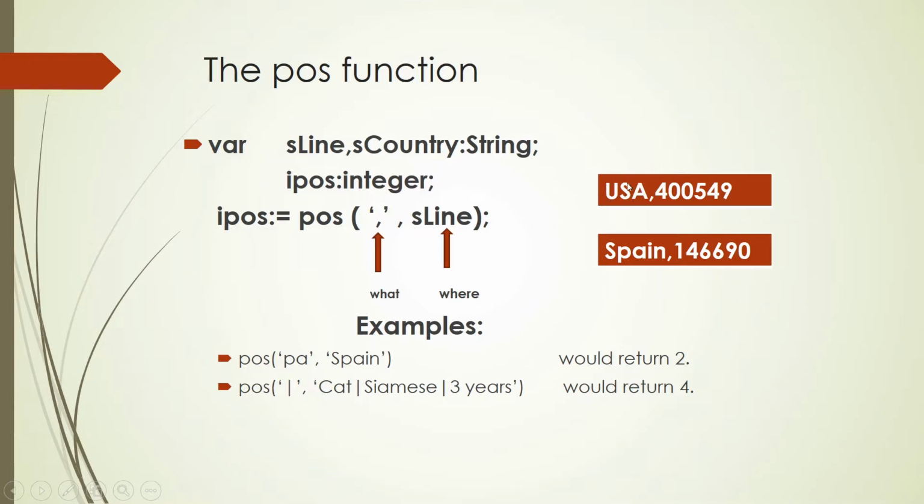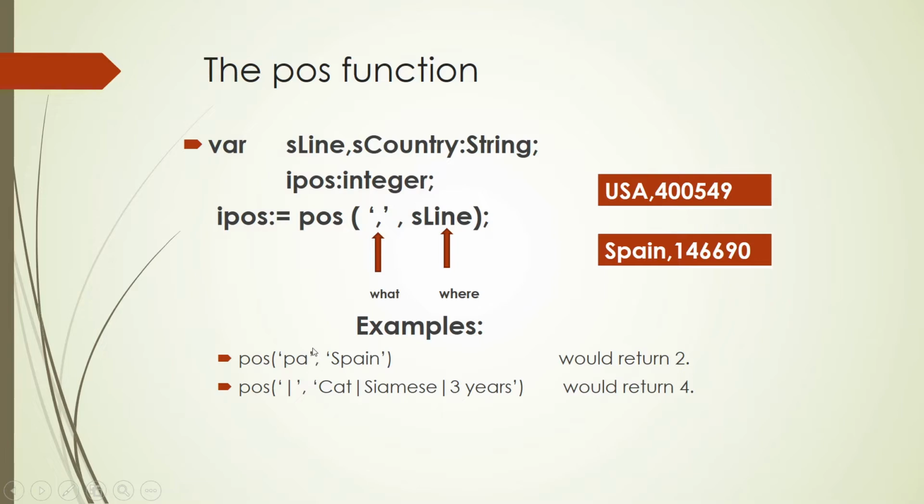At index 2 is the letter S. At index 3 is the letter A. And at index 4 is the comma. So in this example, pos will return 4. In the next example, 1, 2, 3, 4, 5, 6, the position of the comma is found in position 6. So for this test case, pos will return 6.